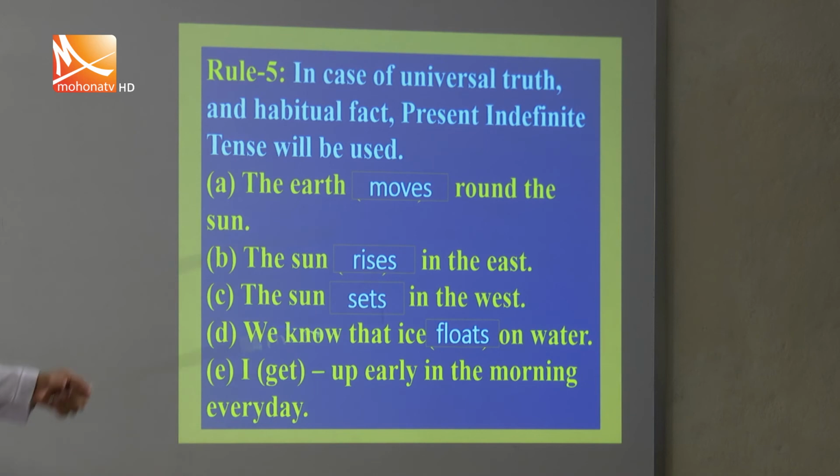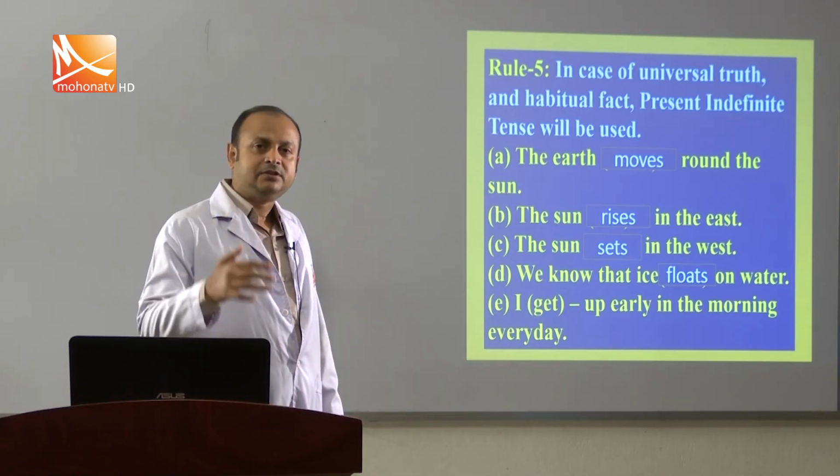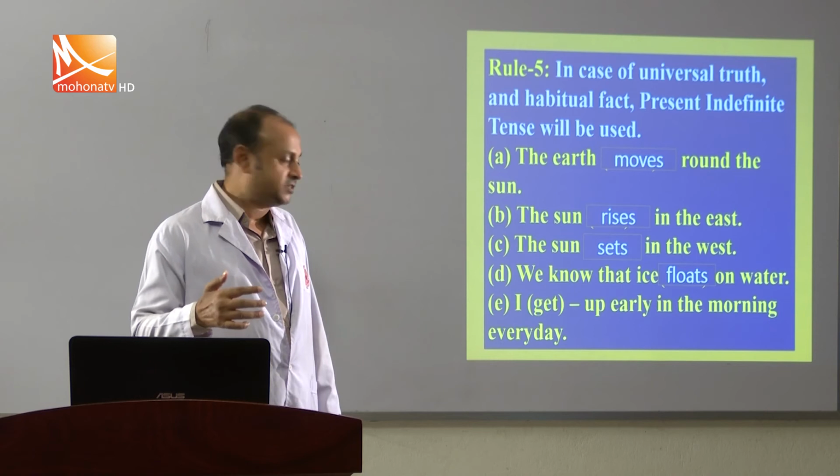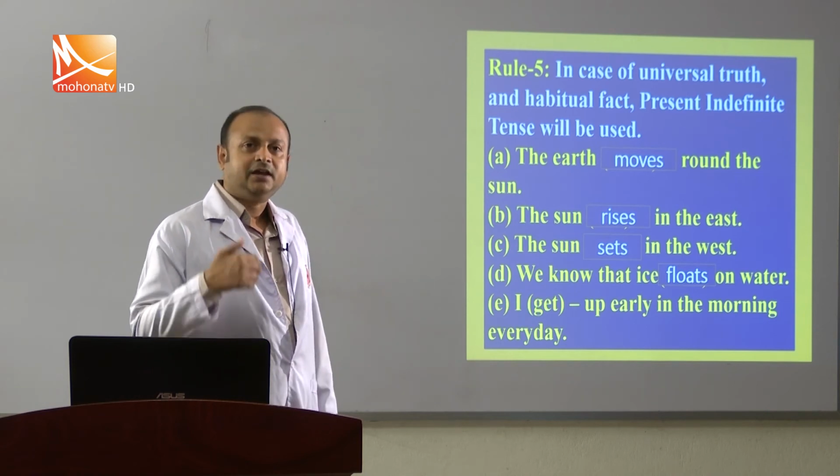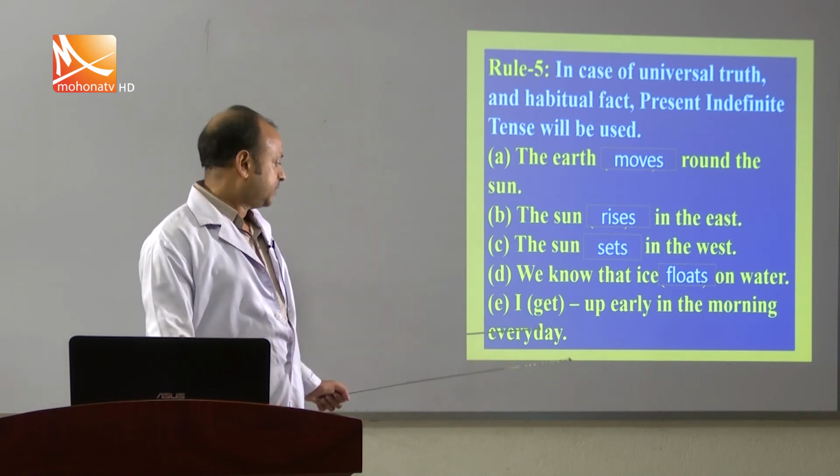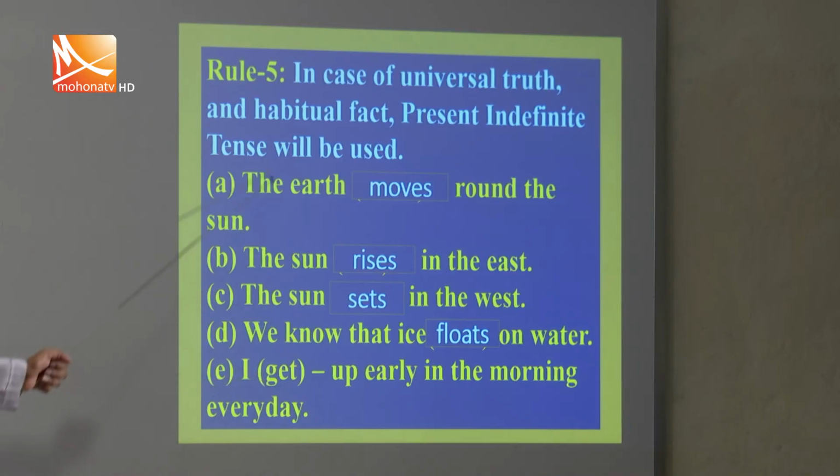But the last sentence denotes a habitual fact. For example, I get up early in the morning every day. So, this is a habitual fact of mine, that I usually do every day. So, a habitual fact can also be present indefinite tense.